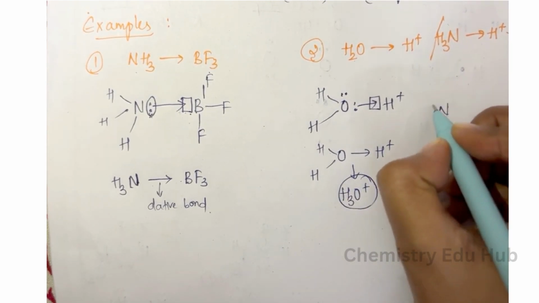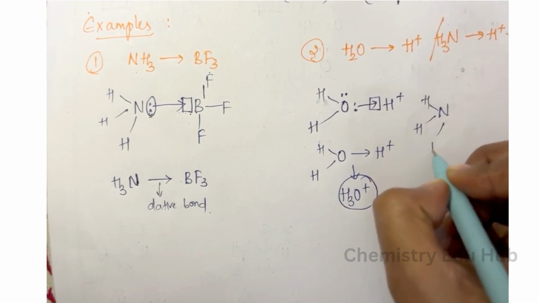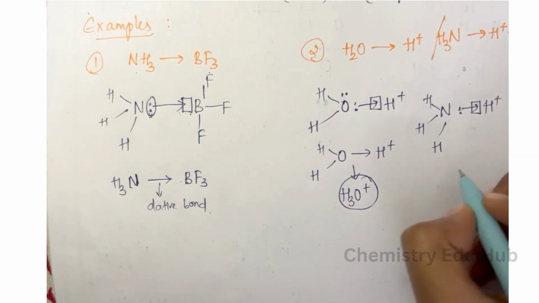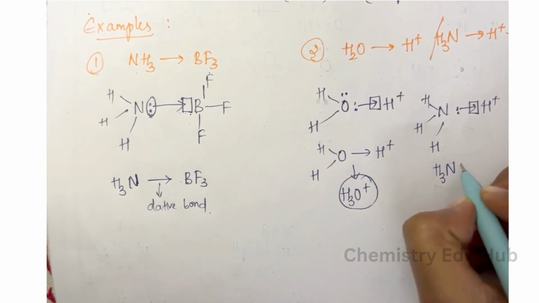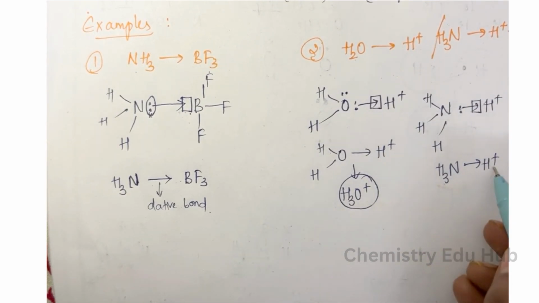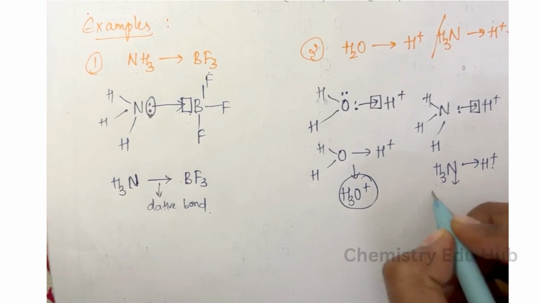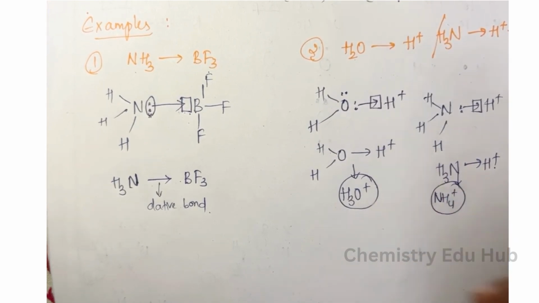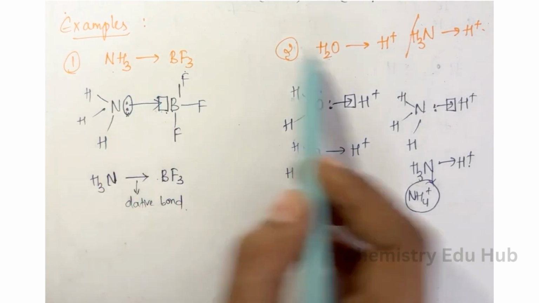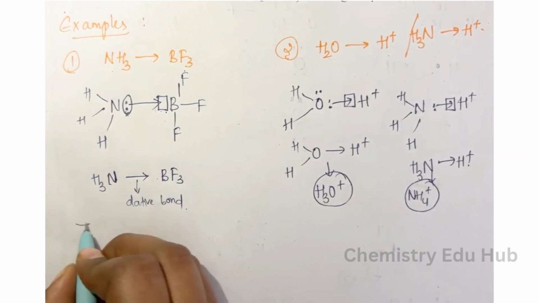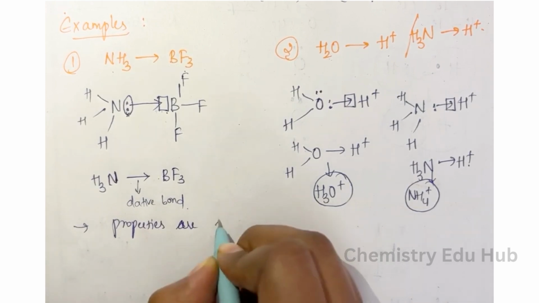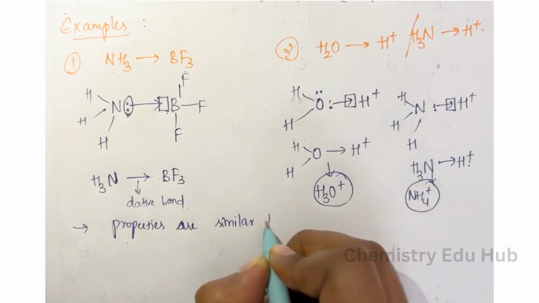The same way you can see between ammonia and hydrogen plus, this way, forming a bond with H+ and forms NH4+ called ammonium ion. And the properties of these coordinate covalent compounds will be similar to covalent compounds only.